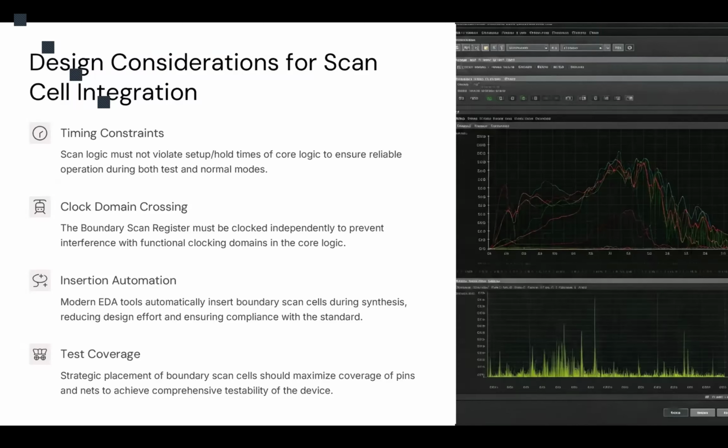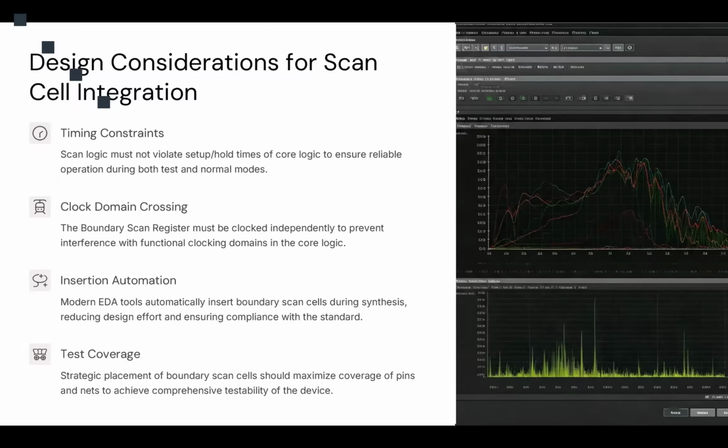Ensuring a clean clock domain crossing is very important and critical if we want a robust boundary scan in our system. If we have an unmanaged clock domain crossing, it leads to data corruption, missed test vectors, or false failures when we are scanning the operations.